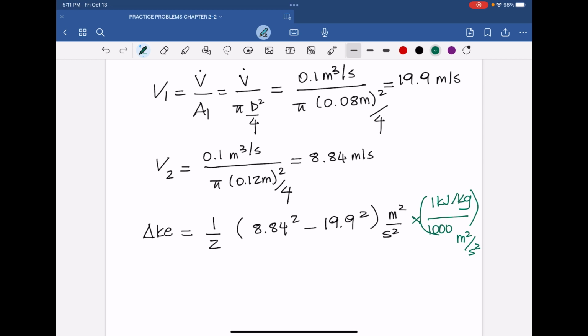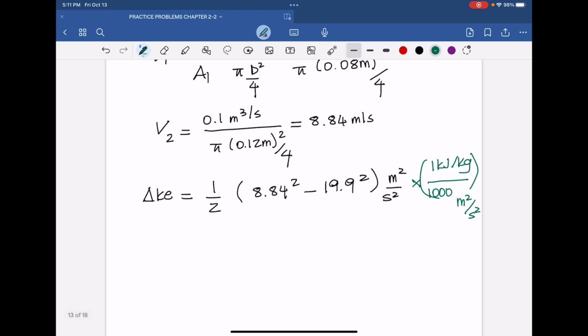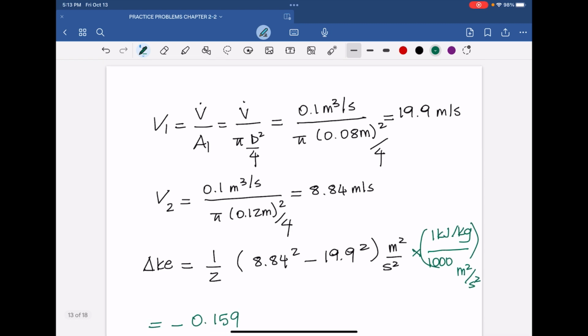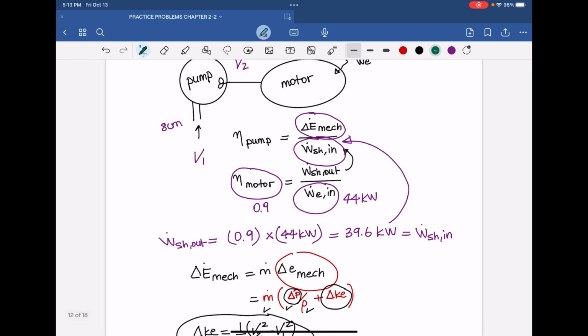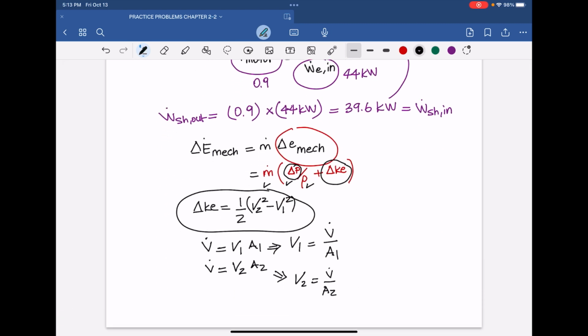And do your calculation. The answer is. Okay. So the next thing is, after we find the kinetic energy, we go back. We need to plug everything into this equation and do our calculation.